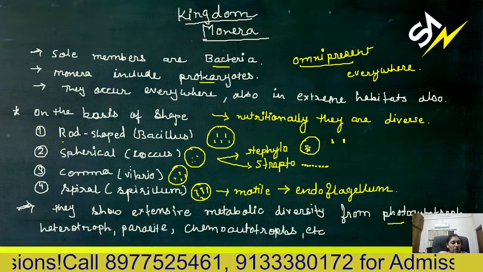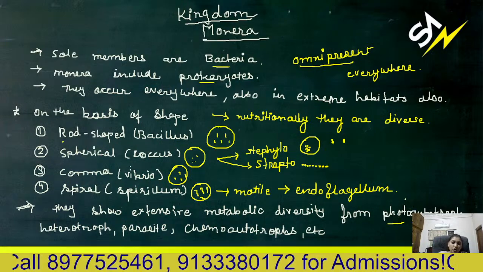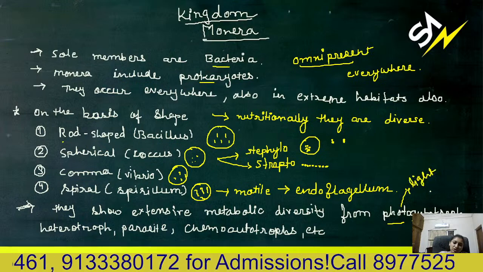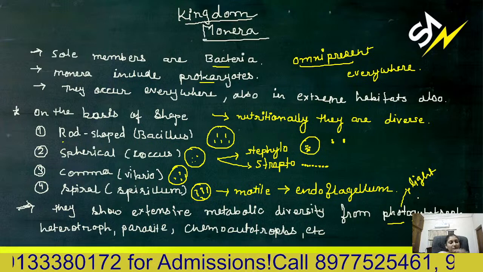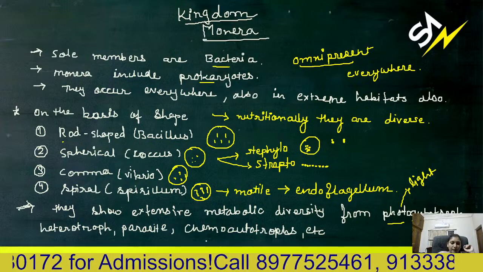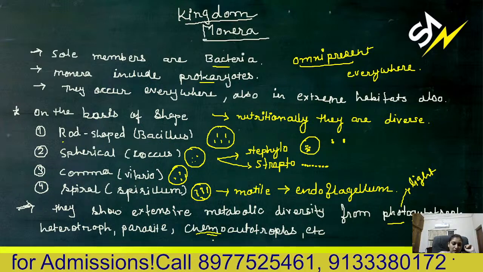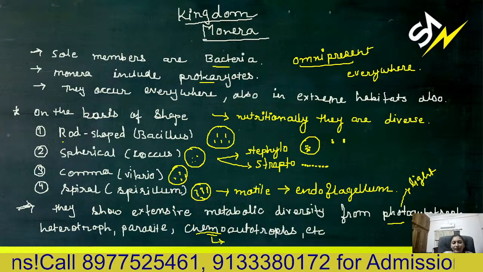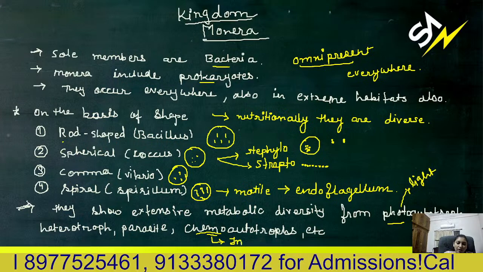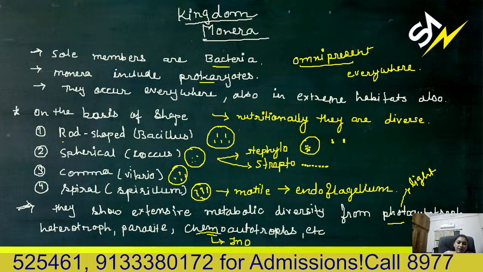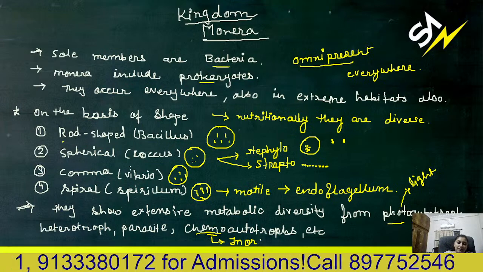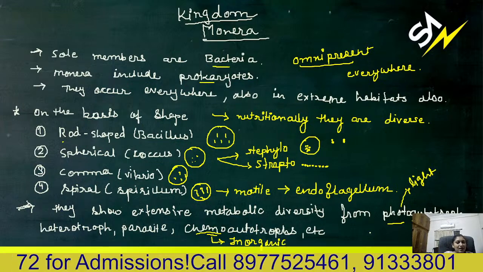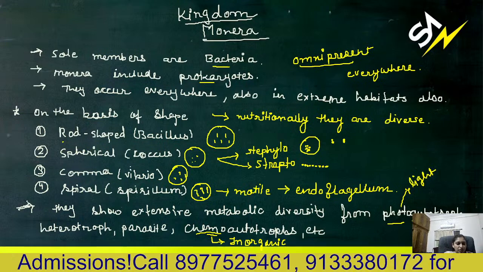So photo means light, it is the source of energy here. And autotroph means they can make their food on their own. In the case of chemoautotrophs, chemicals, which type of chemicals? We are not talking about organic chemicals here. Simple inorganic chemicals will serve as their source of energy.